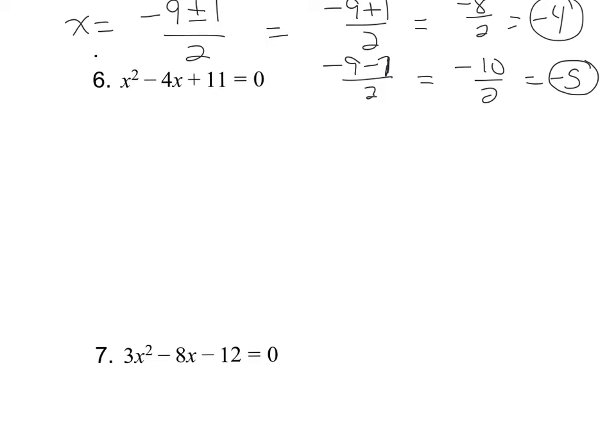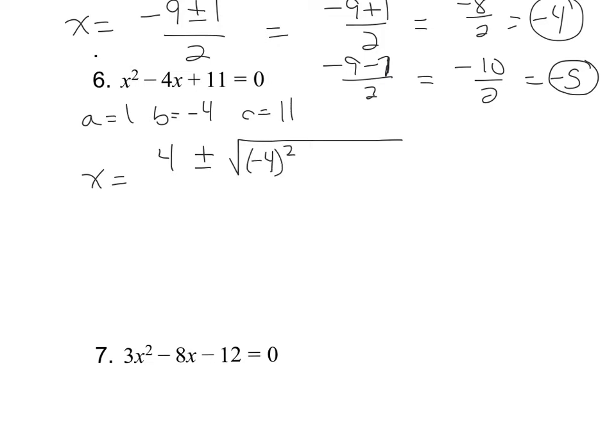So we have this quadratic here, which a is 1, b is negative 4, c is 11. So we will use our quadratic formula. So negative negative 4 is 4, plus or minus the square root, negative 4 squared, minus 4 times a times c, all over 2a.